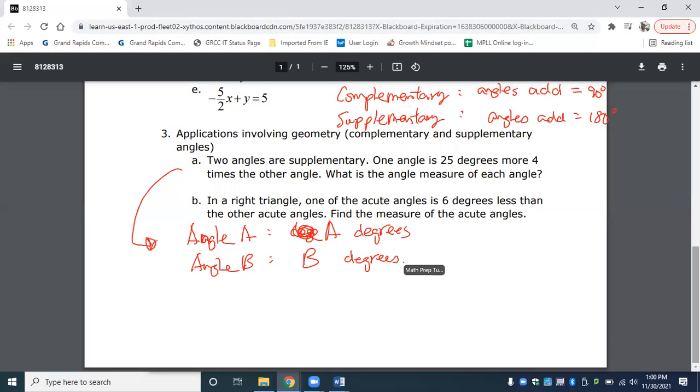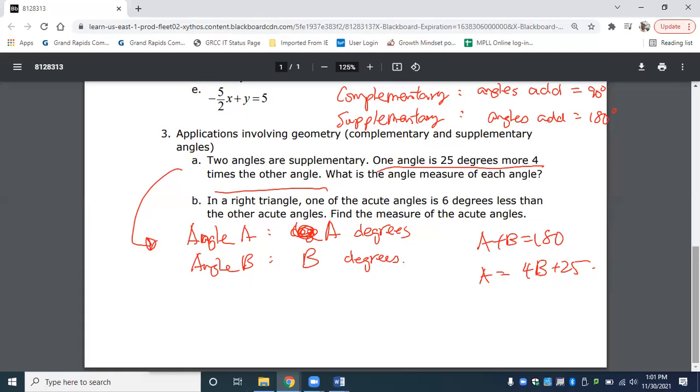So the first part says they're supplementary. So this tells me A plus B is 180. And then it says one angle is 25 degrees more than 4 times the other. So that just means A equal 4B plus 25.